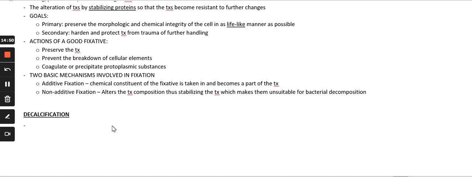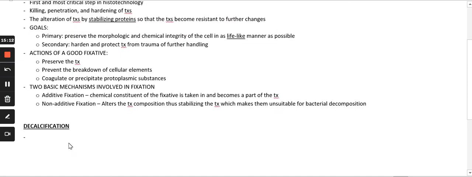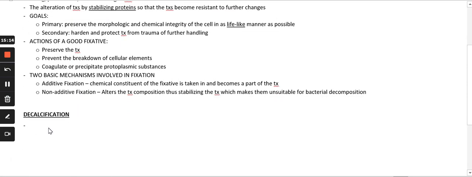Now, take note, guys, we first have to fix our tissue before decalcifying it. Again, we go back to the main goal of fixation, which is to preserve the morphologic and chemical integrity of the cell. If we decalcify first, what's the point, right?